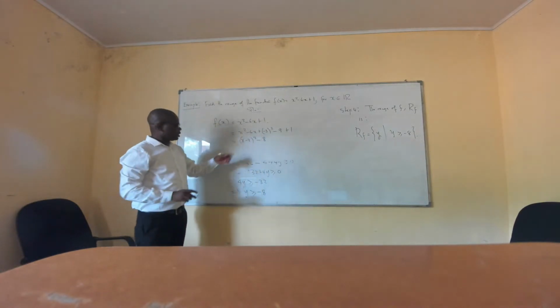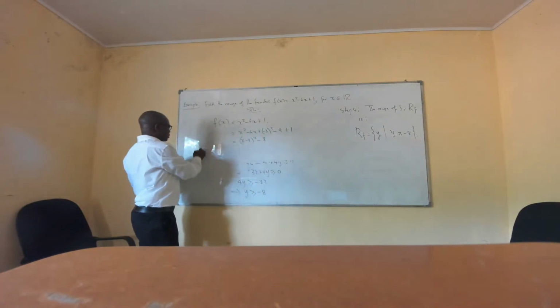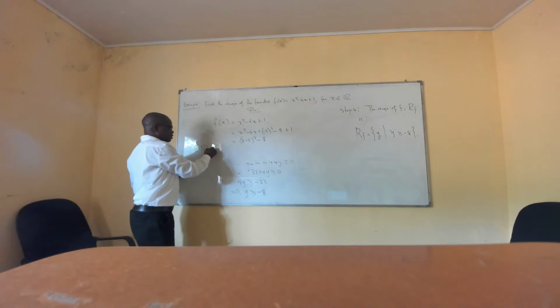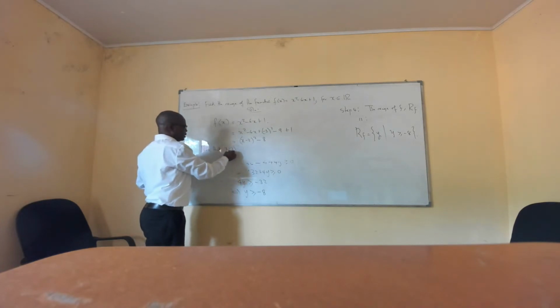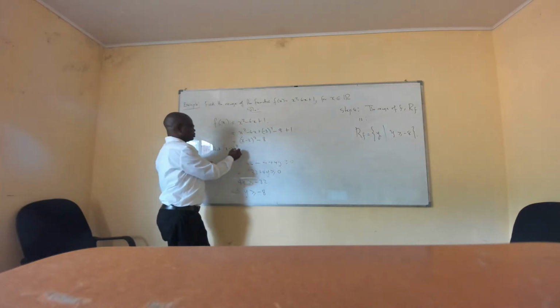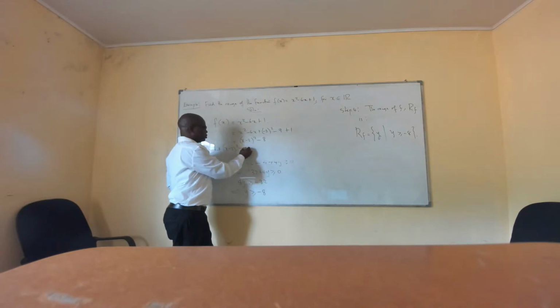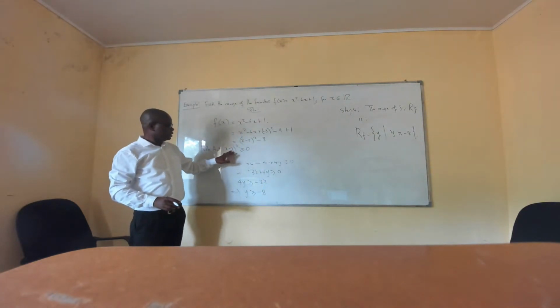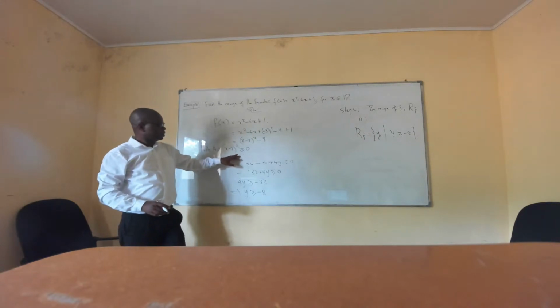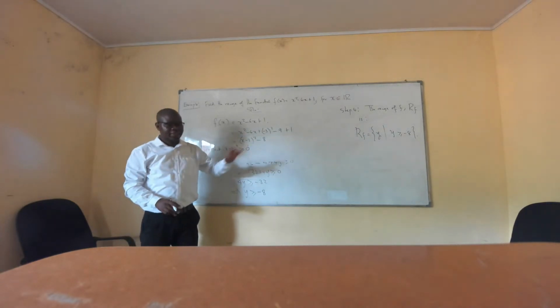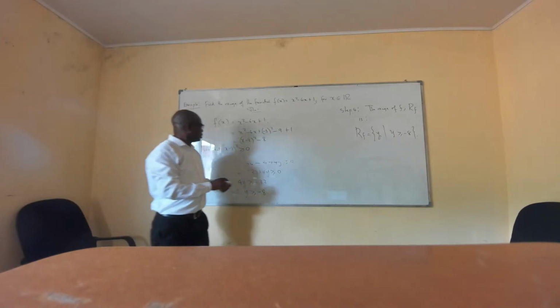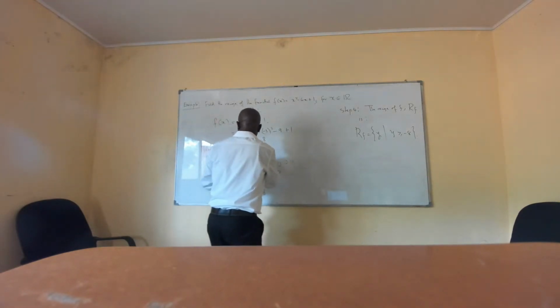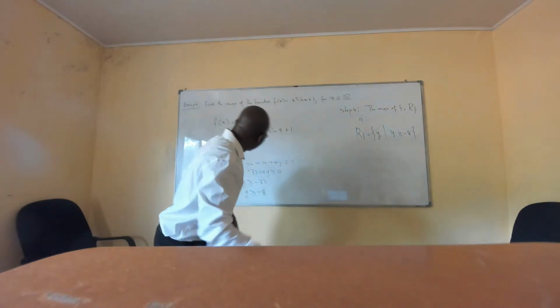Note that x minus 3 squared is always greater or equal to 0. So when x is 3, this will be 0, and then 0 minus 8.